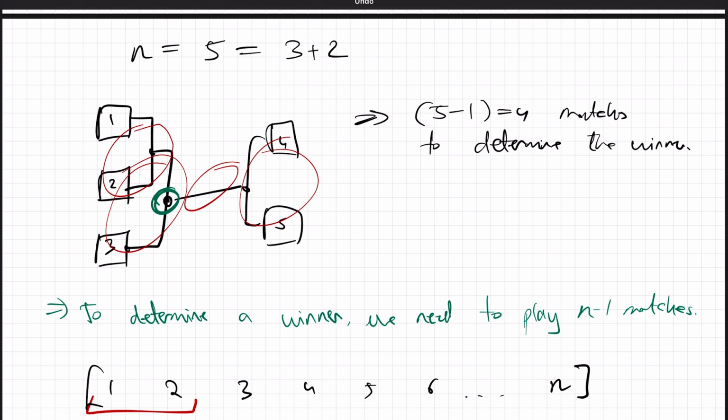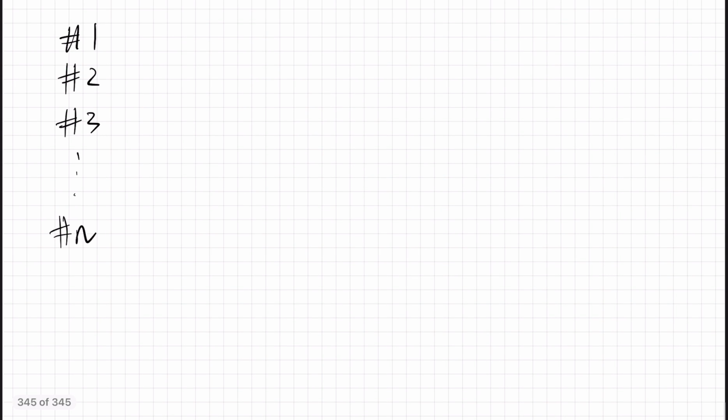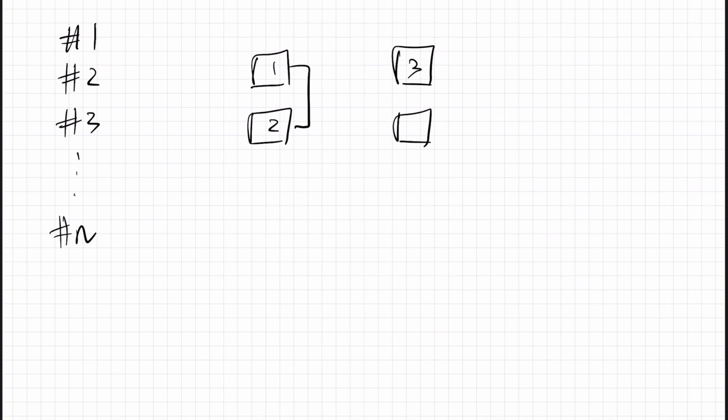So what should we do instead? Well, let's think about this again. So we have 1, 2, and let's just do n is equal to 4 this time. So 1 and 2 play each other, 3 and 4 play each other, and then the winners of that will play for the win.